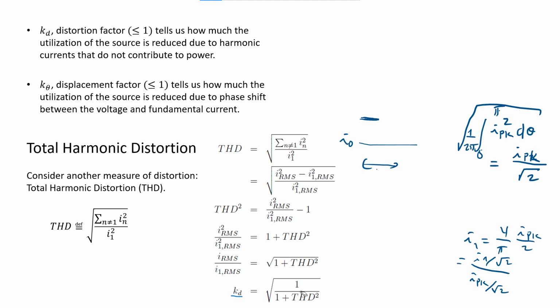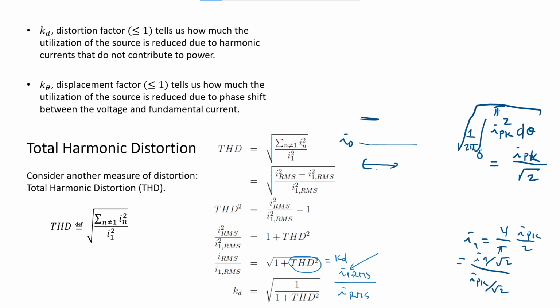From here you can also find total distortion in terms of KD, right? Because KD is I1 root mean square over I root mean square. You can easily compute KD, and THD can be computed from this equation. It's better to use this one to find THD in terms of KD.